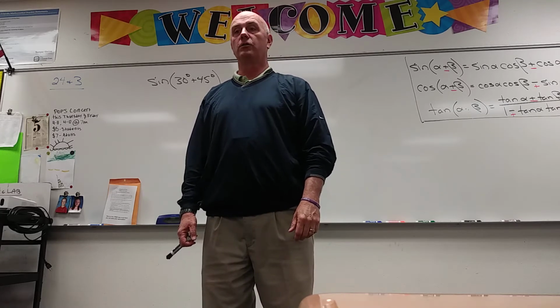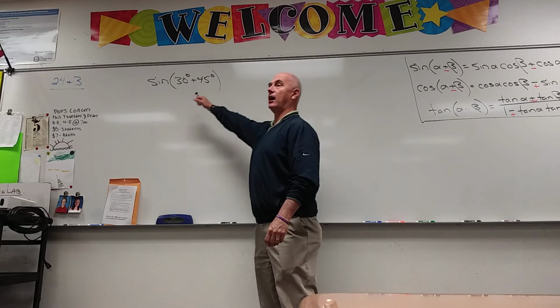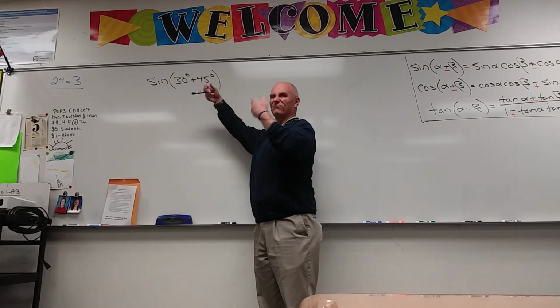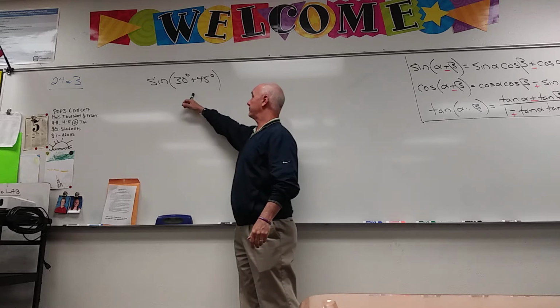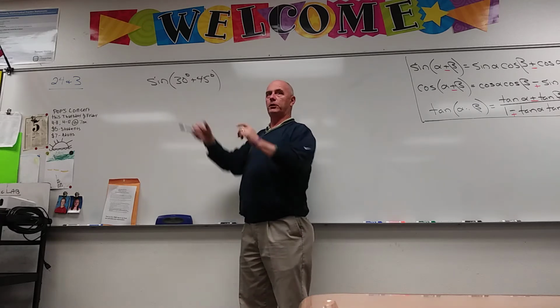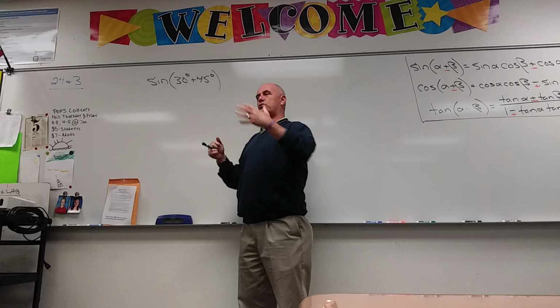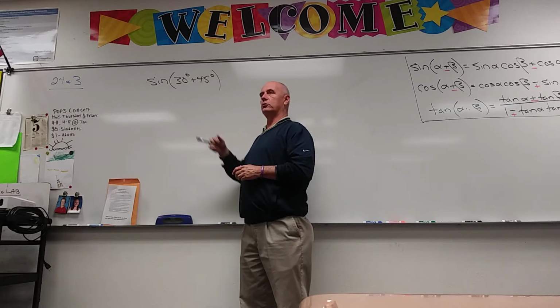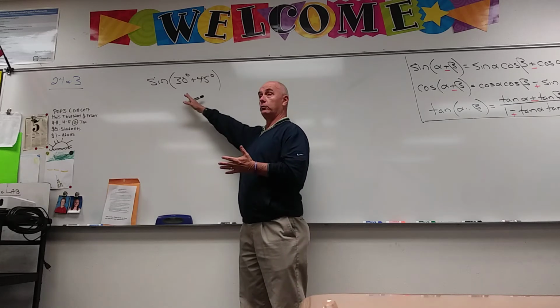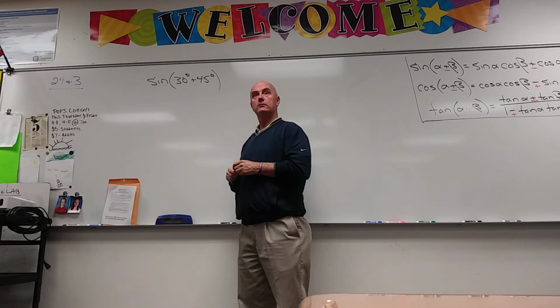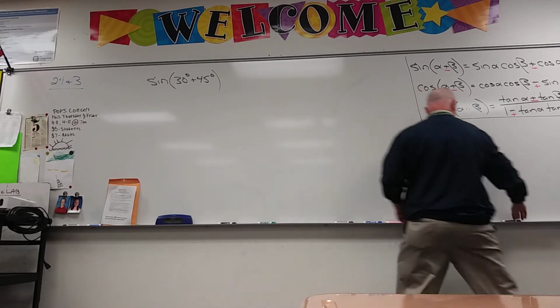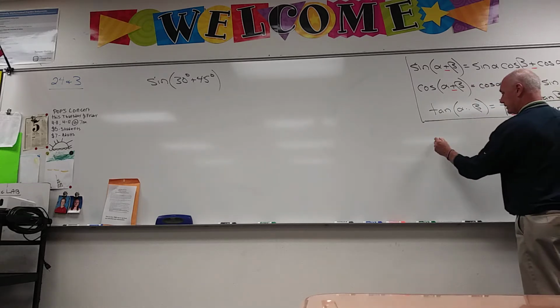All right? So if I'm asking you here for the sine of 75 degrees, we're not asking you to punch it into your calculator. So what would be your logical thought to get this started? Go to the chart. Okay, so the sine of 30, and we're going to do this over here.